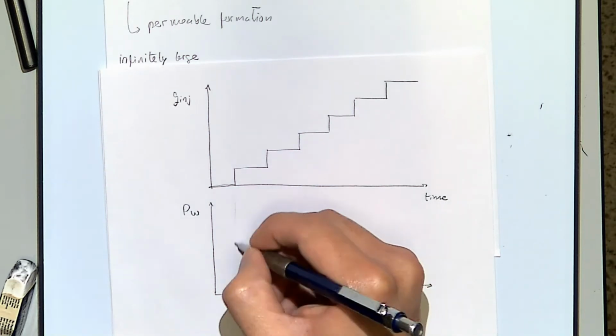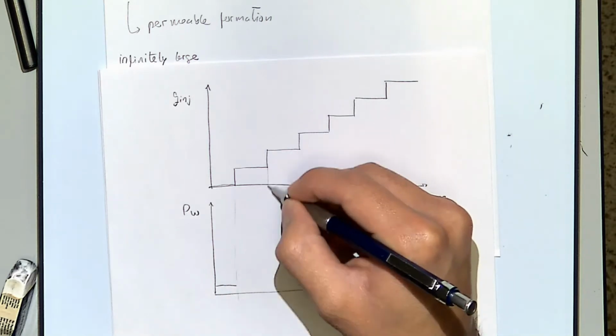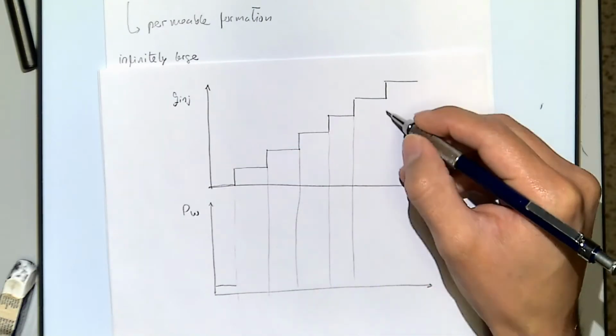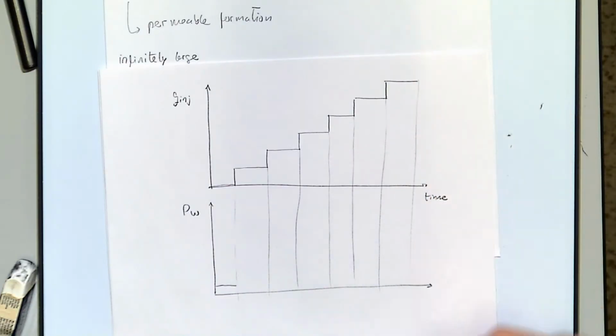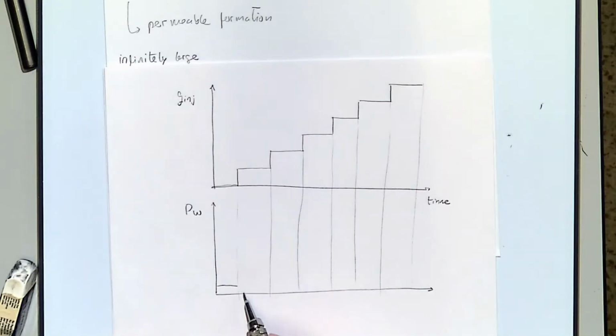Let's say that we start at some pressure more or less over here. I'm not injecting anything. What's going to happen to the pressure signature as I ramp up the injection rate? It's going to increase, right?